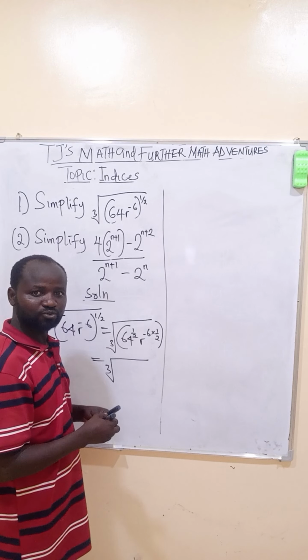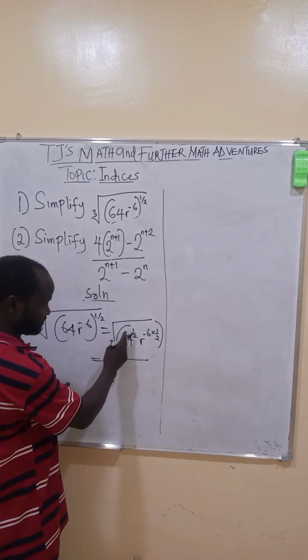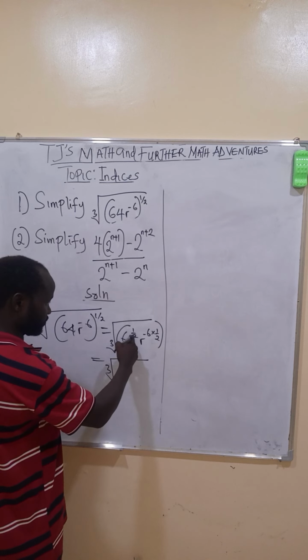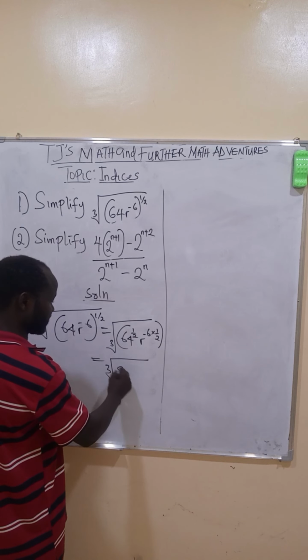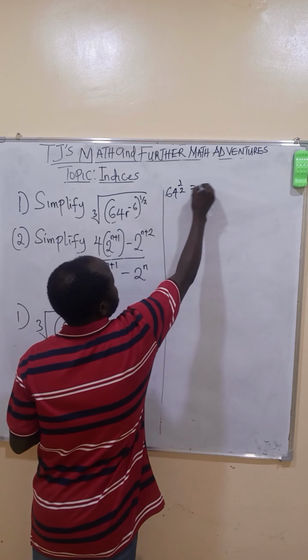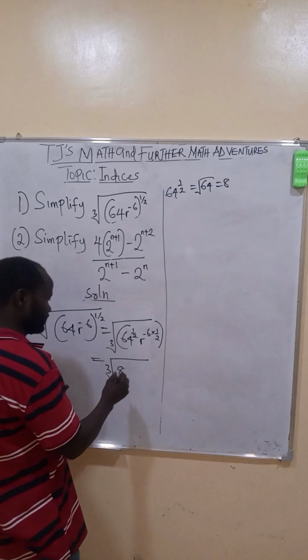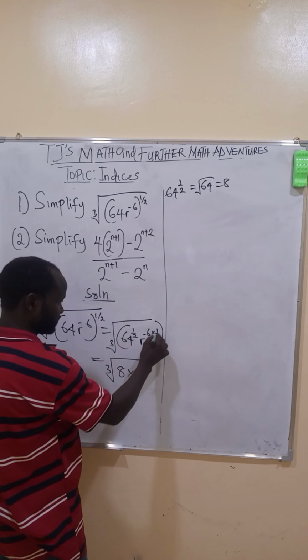From the roots power law of indices, we can take the square root of this 64. If we take the square root of 64, we have 8. That's 64 power half is the same as square root of 64, which is 8. Times r, we can reduce this.